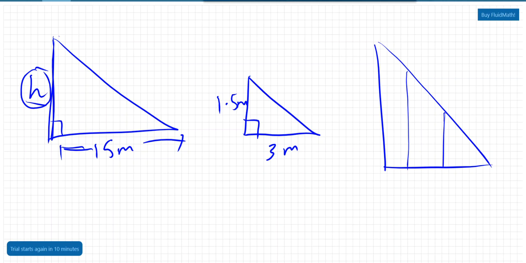They are all similar because they all share this angle here. They all share a right angle. And we know if two angles are the same, that means these angles are also going to be the same. And which they are. So the trick is, when you see diagrams like this, yes, all these triangles will be similar.